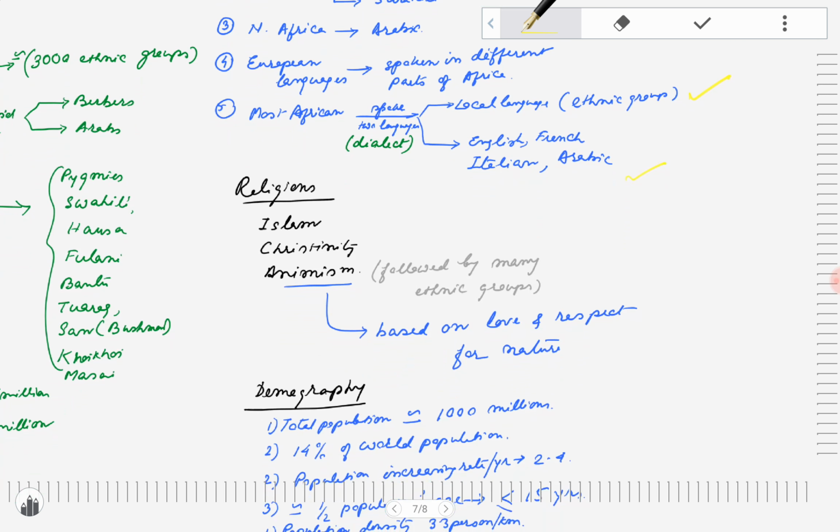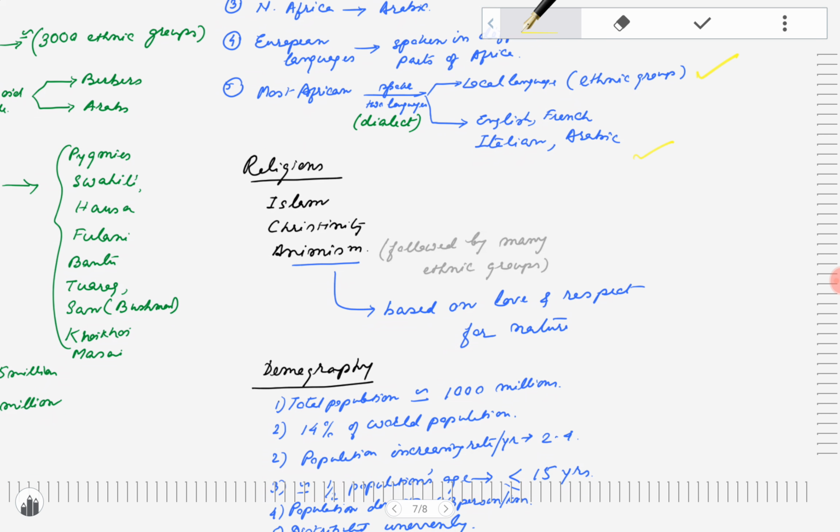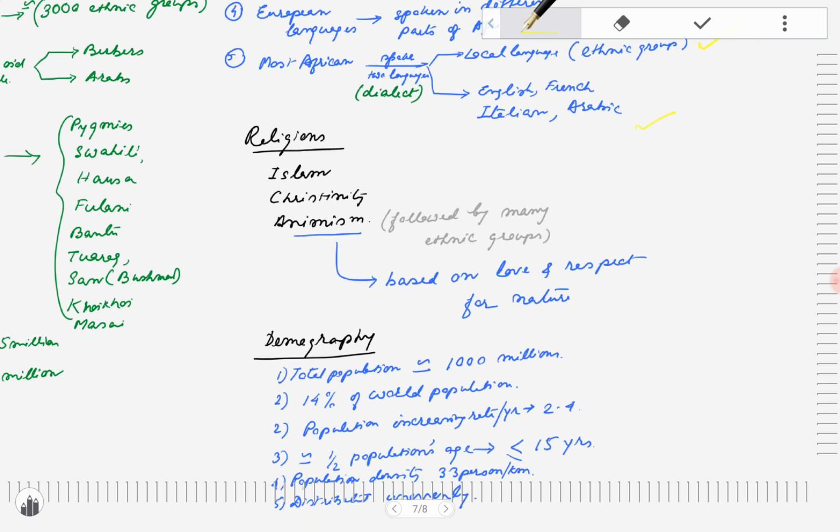By religion, there are Islam, Christianity, and animism. Animism is followed by many ethnic groups, and its principle is based on love and respect for nature.